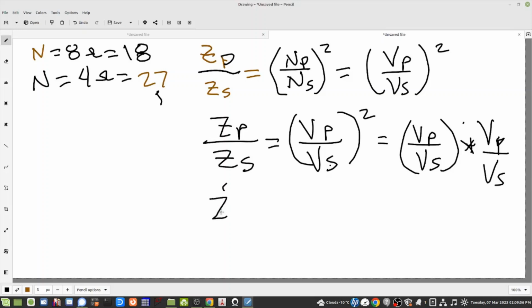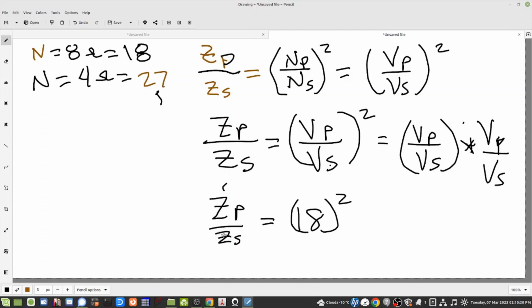So ZP is our primary impedance over ZS, which in our case is going to be 8 ohms, because we're going to study the 8 ohm case. And that's going to be equal to the turns ratio, 18 squared.